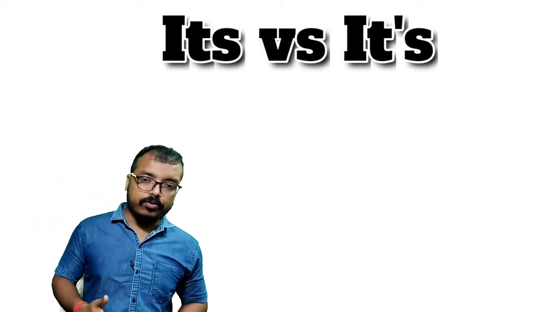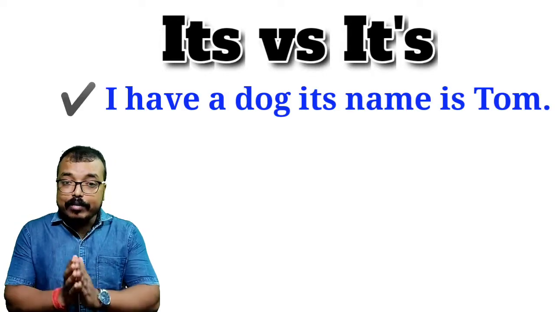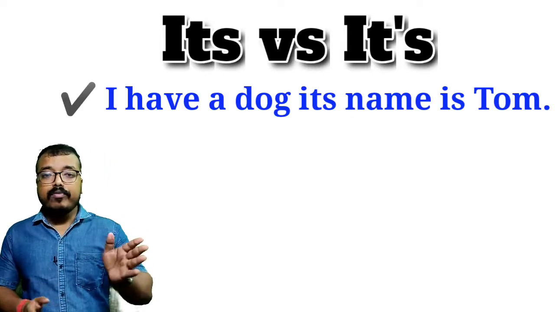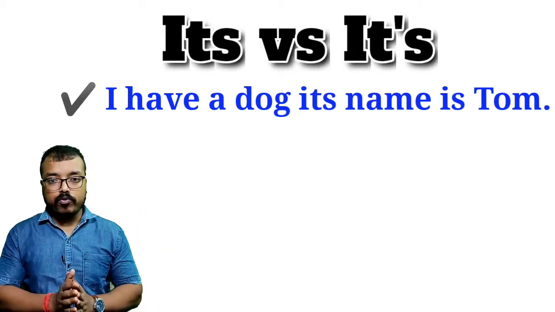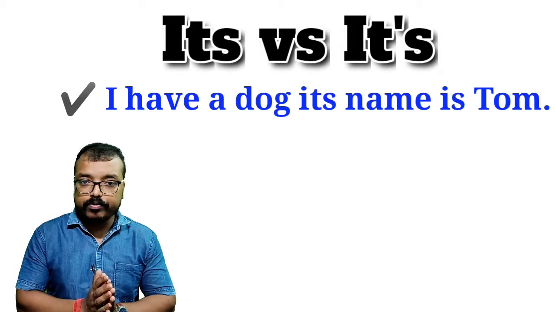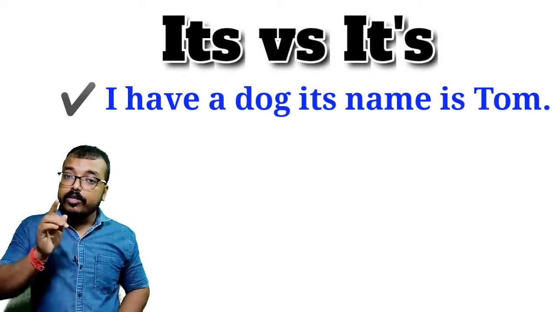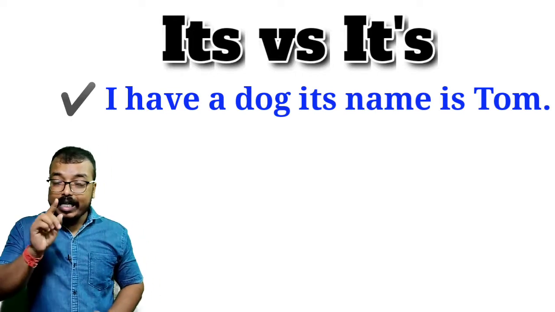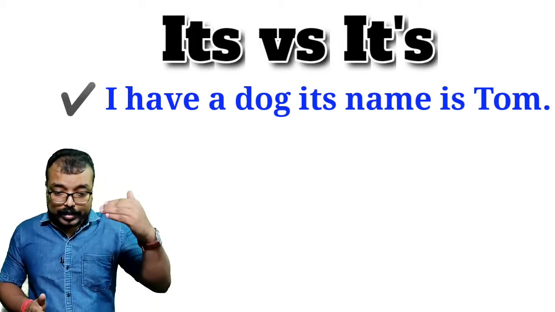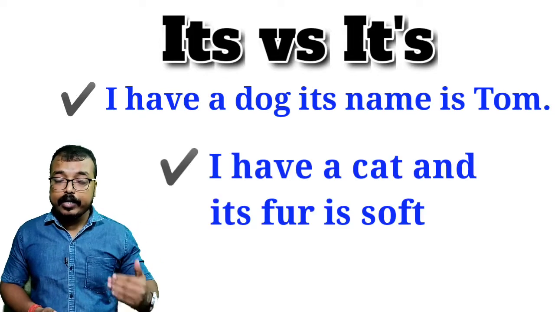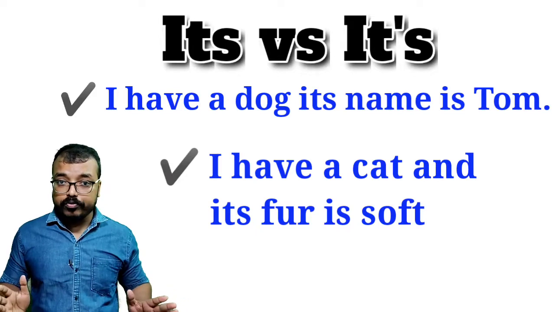So let me tell you. In the first sentence, you can see: I have a dog, its name is Tom. Whenever we use its without any apostrophe, it means it's a possessive. So there will be no apostrophe, only its. Its name is Tom. In the second one, I have a cat and its fur is soft, its, no apostrophe.